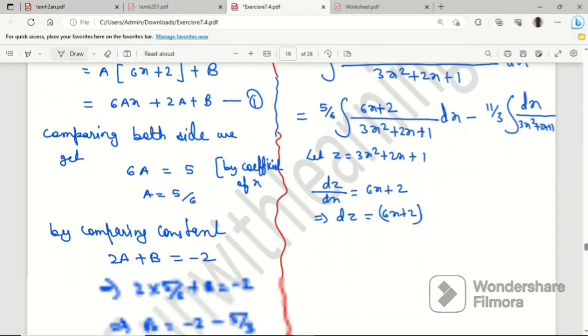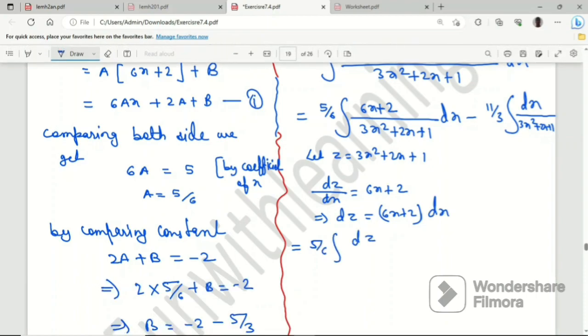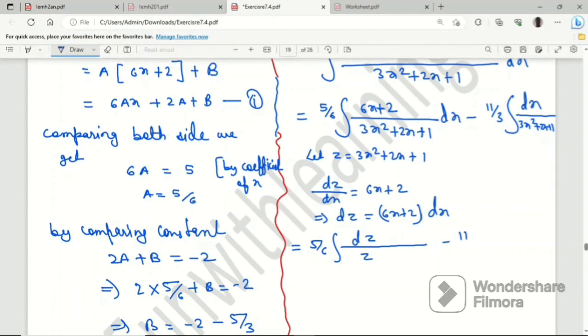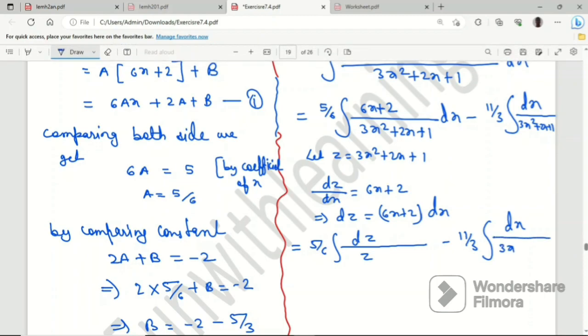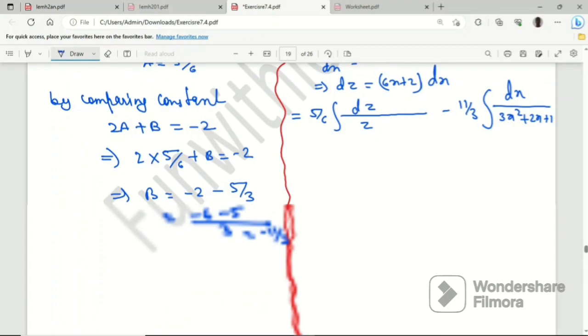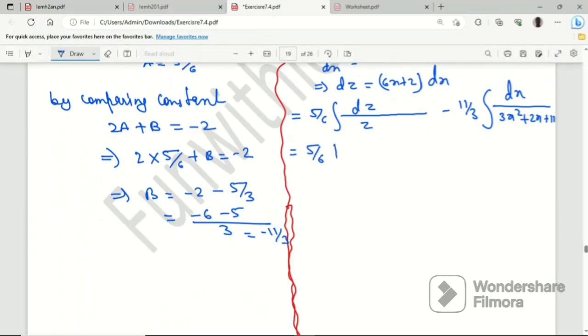So I'll write this equal to 5 by 6 into dz, I'm substituting 6x plus 2 into dx as dz, and z, then minus 11 upon 3, and now I'll solve this as a quadratic equation, 3x square plus 2x plus 1. We all know that the integration of 1 upon z is log z.